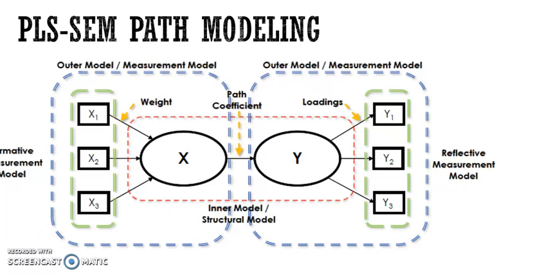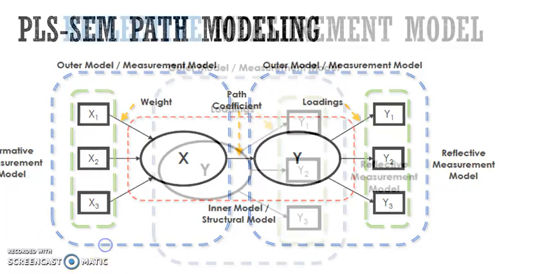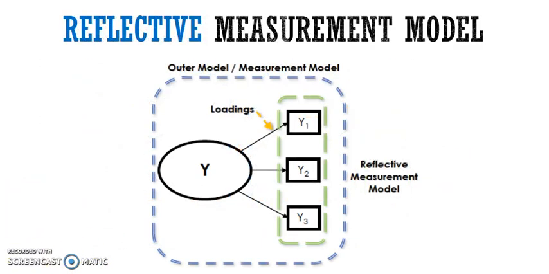In this model, there are two types of measurement model: the exogenous, and the endogenous measurement model. There are also two types of measurement. One is reflective measurement. Reflective measurement measures the effect of an underlying construct.